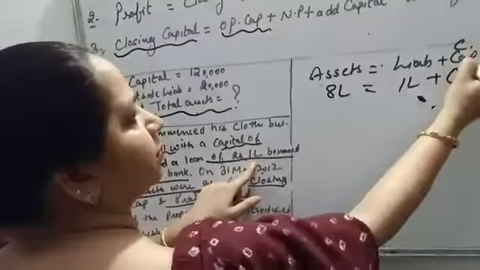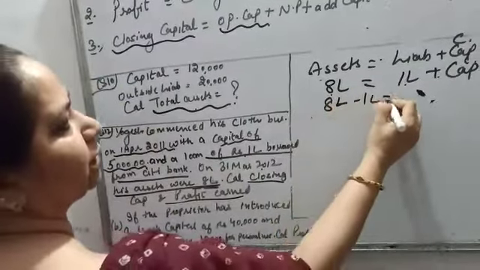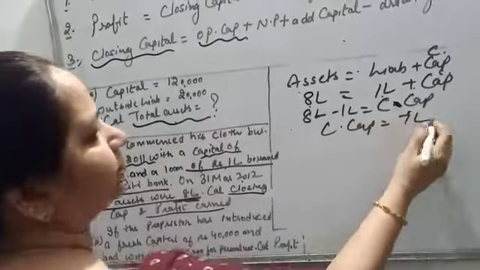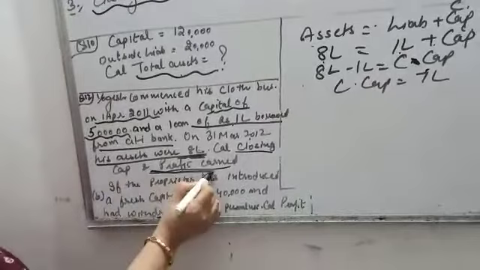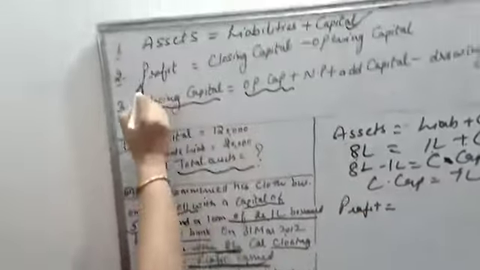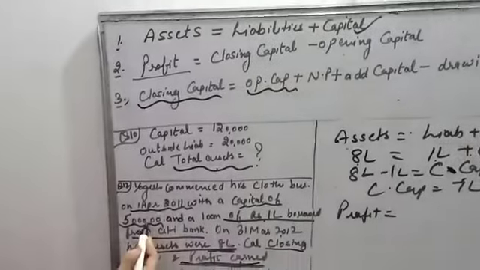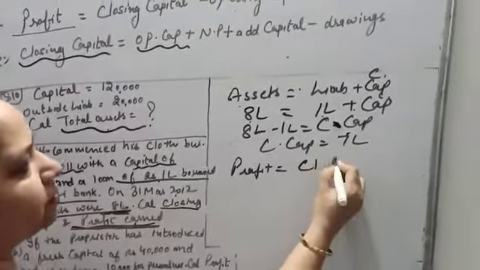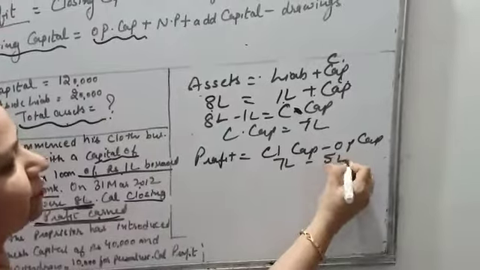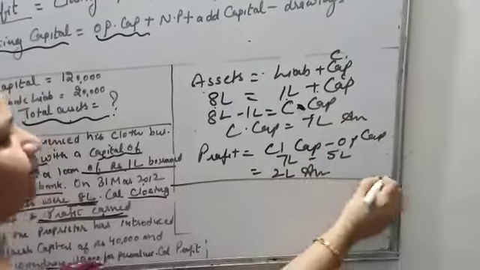This is our closing capital, so it will be deducted: 8 lakh minus 1 lakh is equal to closing capital. तो क्लोजिंग कैपिटल मेरा आ गया 7 लाख. उसके बाद हमें profit भी calculate करना है. This formula will apply: closing minus opening capital, because opening capital is also given to us. Closing capital minus opening capital, 7 lakh minus 5 lakh, 2 lakh. It will be our answer.